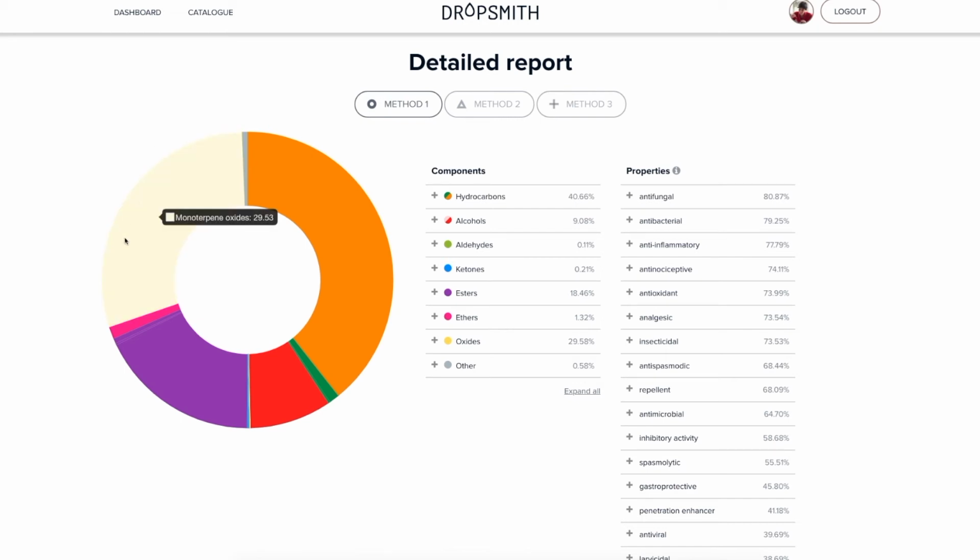And here we have a lot of monoterpene oxides, which I presume is 1,8 cineole, which has an intense smell. So this is quite well-rounded smell-wise. And this is all information I got just by looking at the chemical groups themselves.